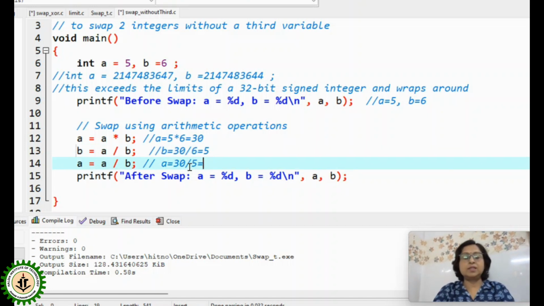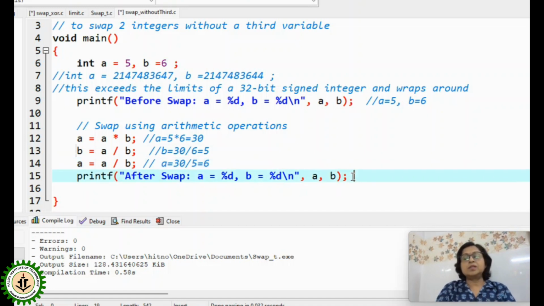So it will be 6. So just after these three lines, after applying these arithmetic operators, multiplication and division, A will have the value 6, whereas B will have the value 5.